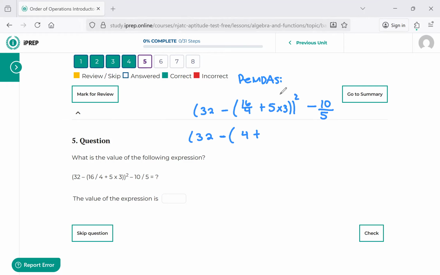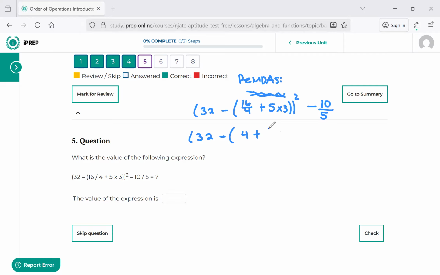So I'm doing this parentheses, right? Yes, I'm going to do that. Sorry, I'm doing this parentheses and I'm doing the division first and then the multiplication.